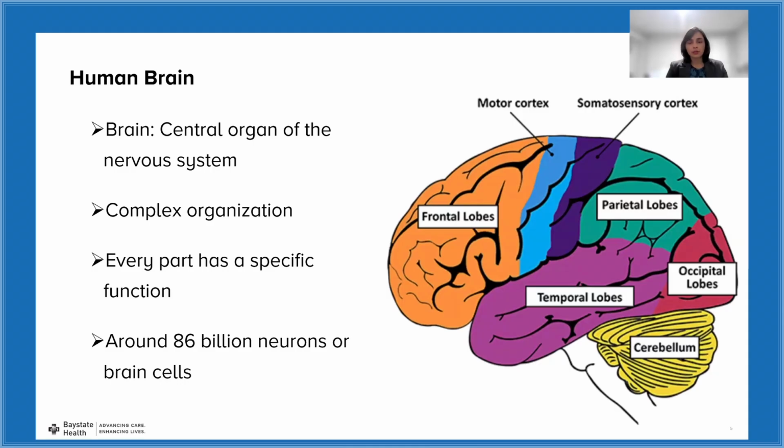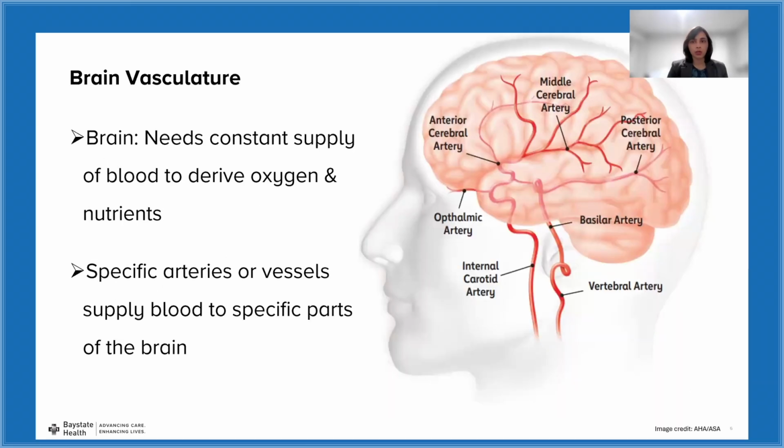There are around 86 billion neurons, or cells, within the brain, and they interact with each other through what we know as synapses, which is just the communication between these brain cells.